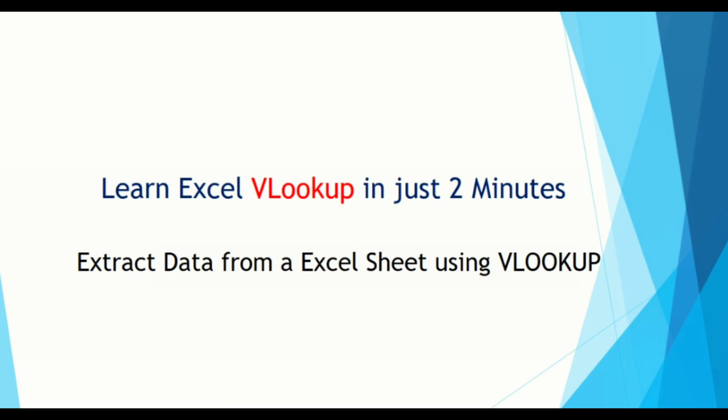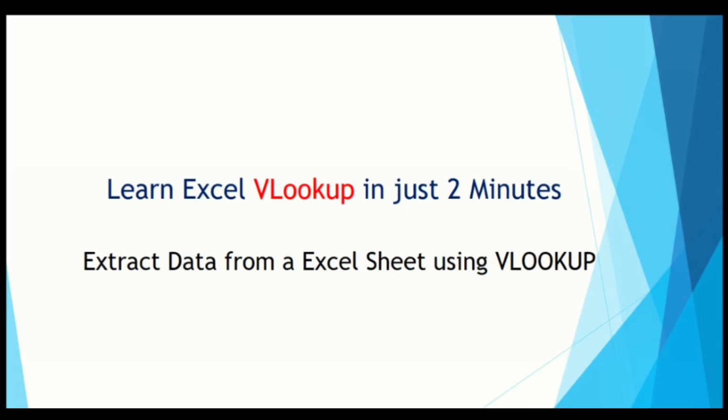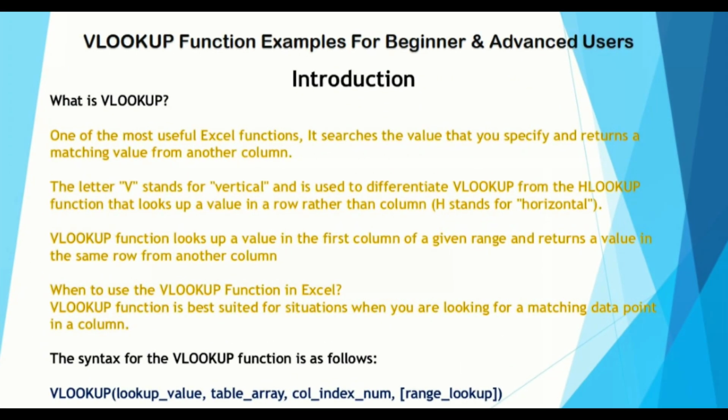So first of all, let's start with the introduction to VLOOKUP. So what is VLOOKUP? VLOOKUP is one of the most useful and powerful Excel functions, which searches the value that you specify and returns a matching value from another column.